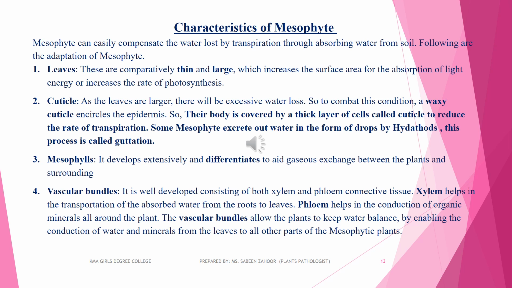So following are the adaptations of the mesophytes. Leaves are comparatively thin and large, which increases the surface area for absorption of light energy or increases the rate of photosynthesis. Right, girls?